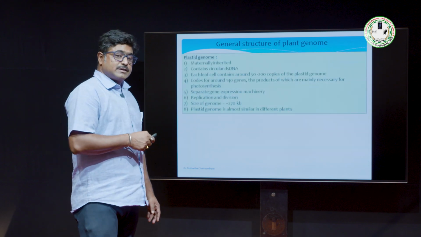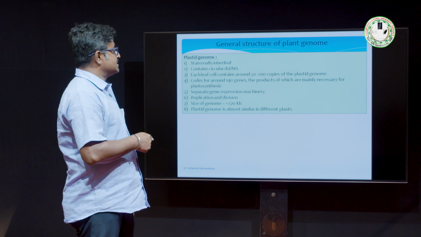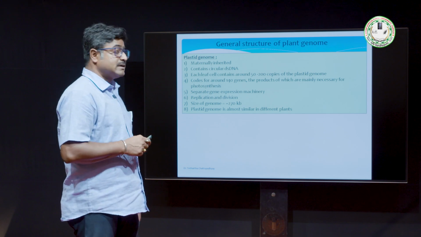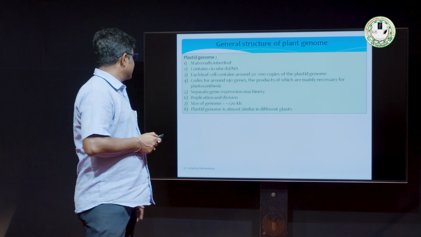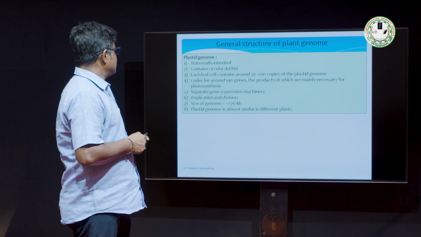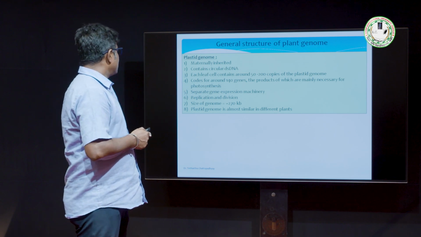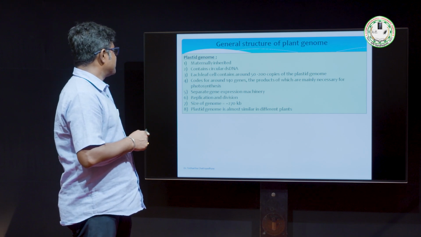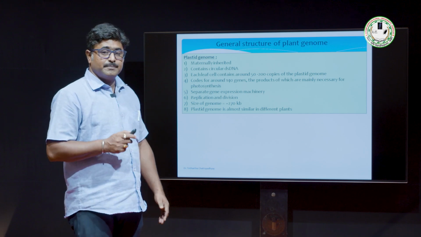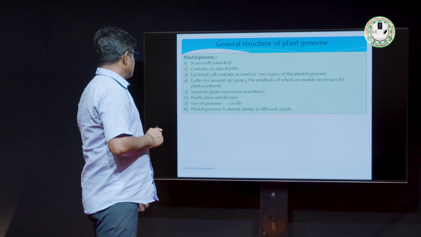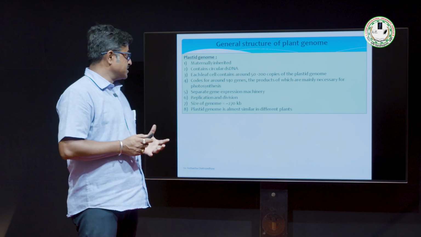Next, if we go for the plastid genome, you will see that it is generally maternally inherited. It contains circular double-stranded DNA. Each leaf cell contains around 50 to 200 copies of the plastid genome, and it codes for around 140 genes, the products of which are mainly necessary for the process of photosynthesis. So it has a separate gene expression machinery also.